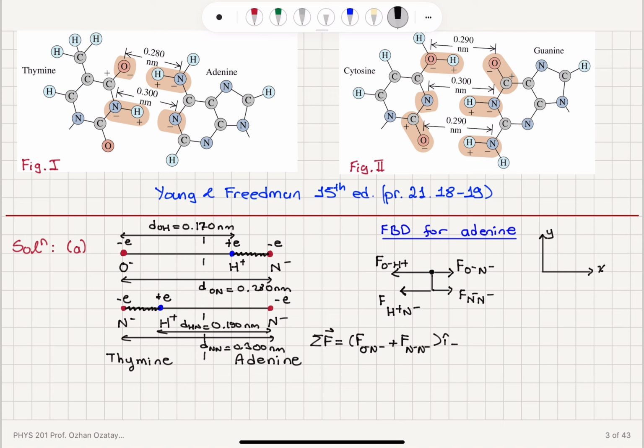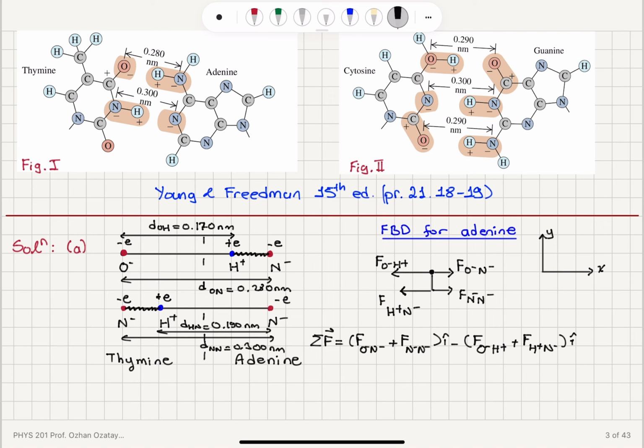And then minus, I have the force between O- and H+, that is this force, which is attractive, and then we have H+ and N-, that is the force here, which is attractive. So this is going to be F of H+ and N- in the minus i hat direction.